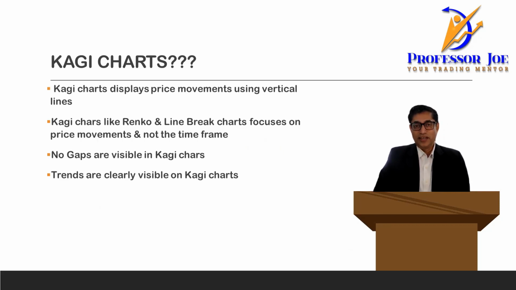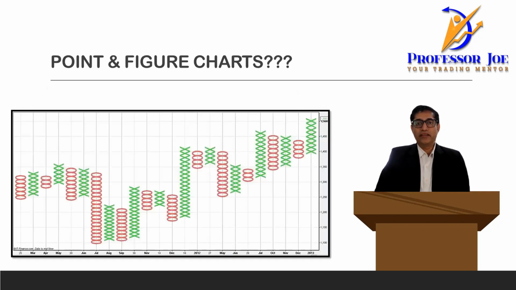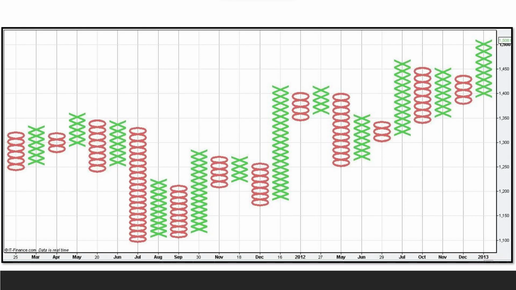Let us look at the next kind of chart. This is called a point and figure chart. This is how a point and figure chart looks like. Let us look at some of the key features of a point and figure chart. A point and figure chart is a bit different from the other kinds of charts that we have seen.